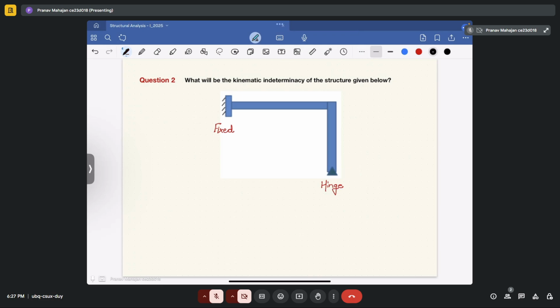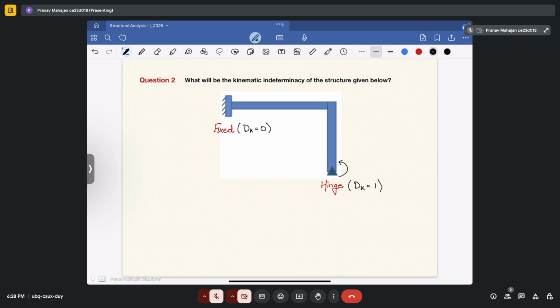For fixed, I already told you that the degree of kinematic indeterminacy is equal to 0. For the hinge, this can rotate in this direction, that means moment is available. So in case of a hinge, your degree of kinematic indeterminacy will be equal to 1.